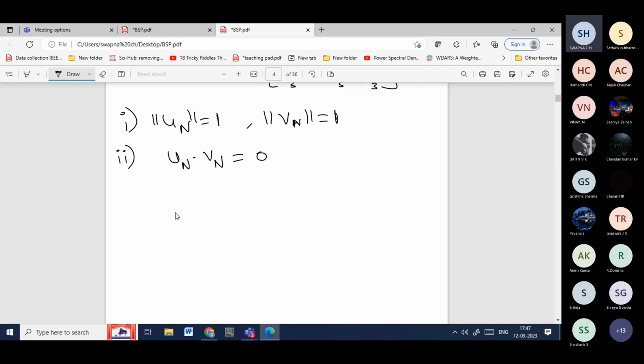So how do you calculate un dot vn? It is un transpose into vn.